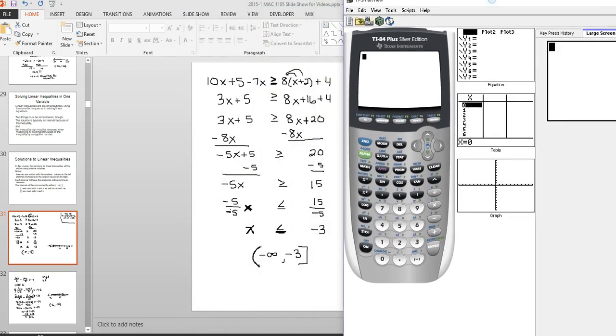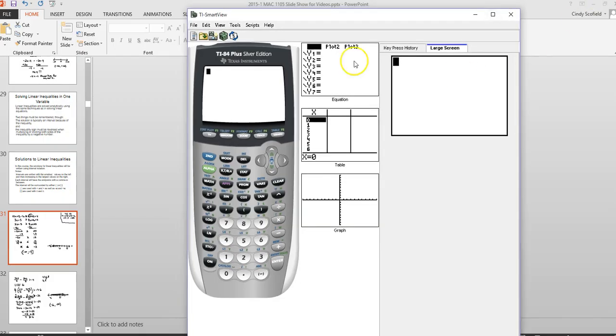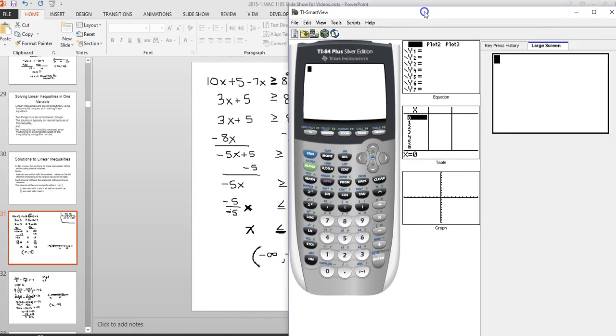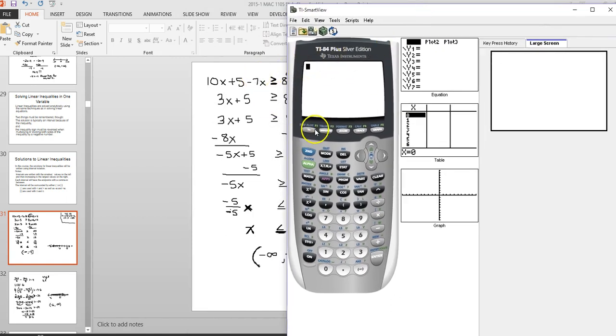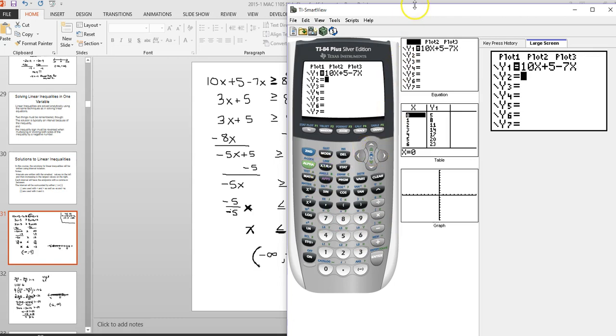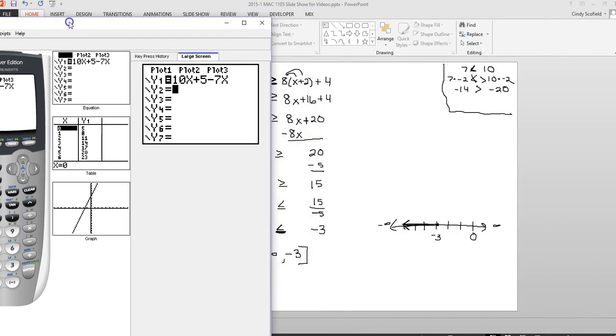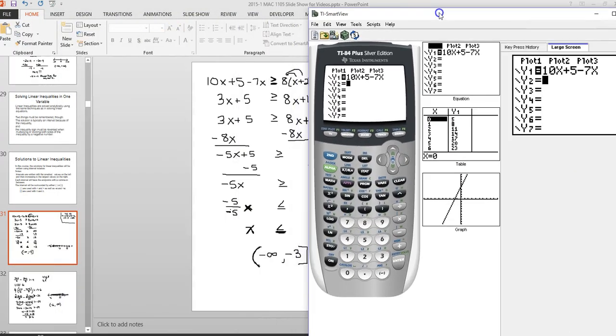In our graphing calculator, let's go ahead and put this left side in for y1: 10x plus 5 minus 7x. And then let's put that right side in for y2: 8 parentheses x plus 2 close parentheses plus 4.